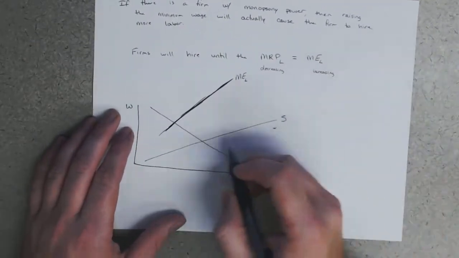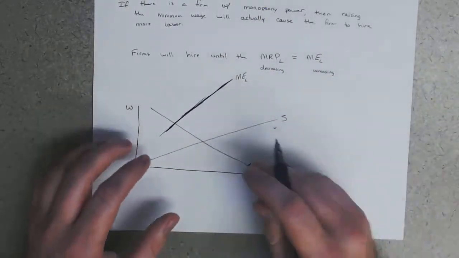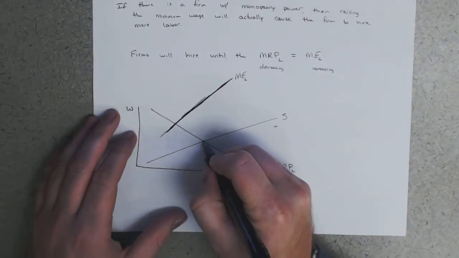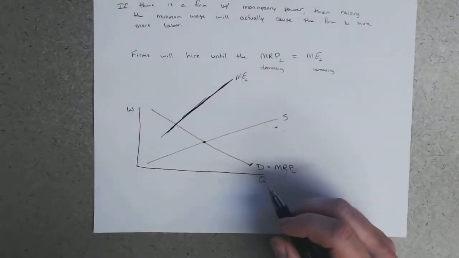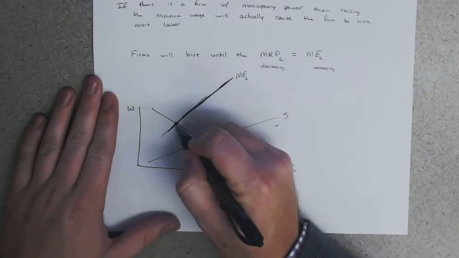So here, if the marginal expense of labor is equal to the wage rate, then the firm is going to hire where supply crosses demand. Standard thing. But in the case of a monopsony, they're going to stop hiring here.